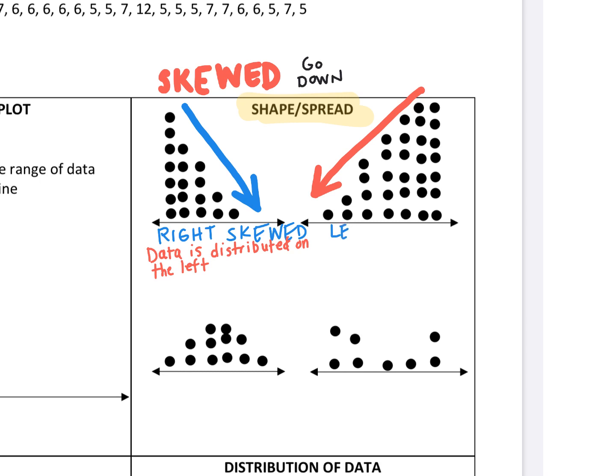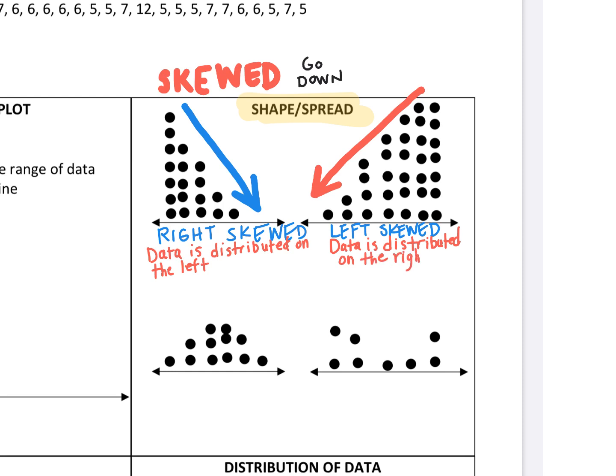Because it's going down on the left, we're going to say it's left skewed, which means there's less on the left-hand side. Most of the data is distributed on the right. Make sure you write this down: distributed on the right.